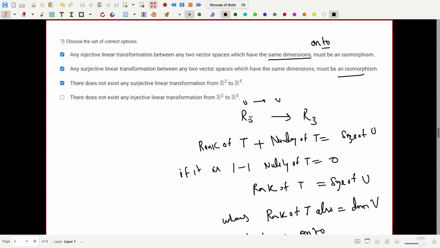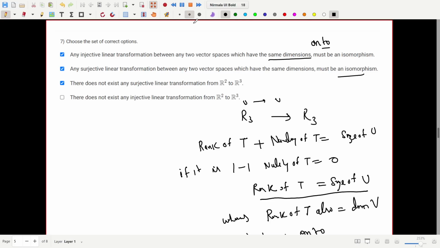Let's check it. For a transformation from U to V, as per the rank-nullity theorem, rank of T plus nullity of T is equal to the size of U. And if it is 1-1, then nullity of T is 0. It means rank of T is equal to the size of U.